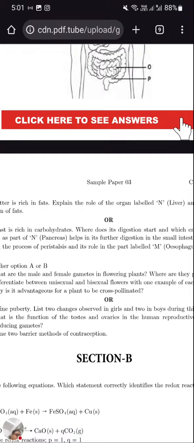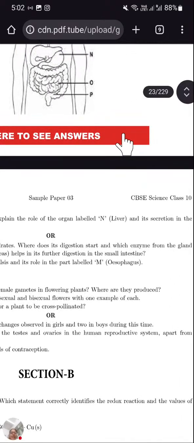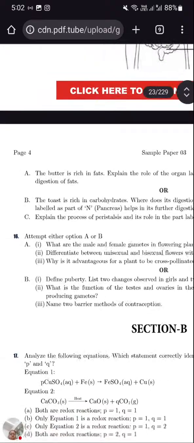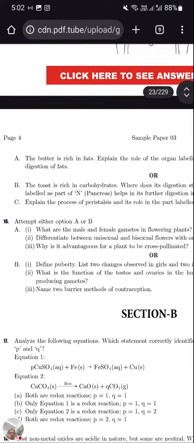The main function of the bile juice is emulsification of fat. The bile juice is stored in the gallbladder, and it emulsifies fat so that the big molecules of fat get converted into small ones, and later, with the help of pancreatic juice, trypsin and lipase, they get digested.